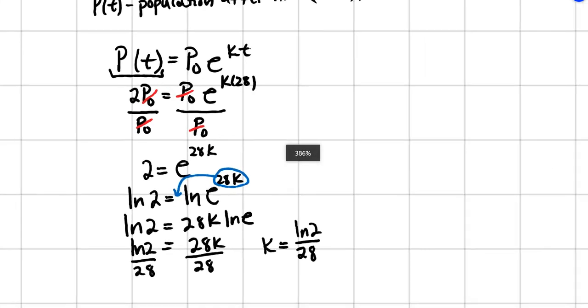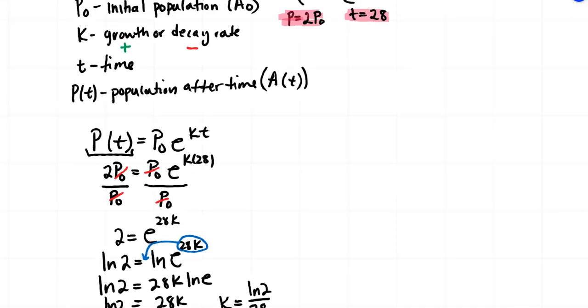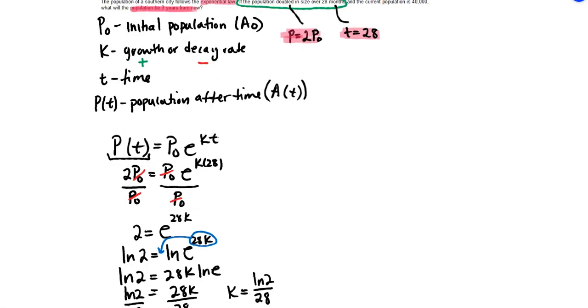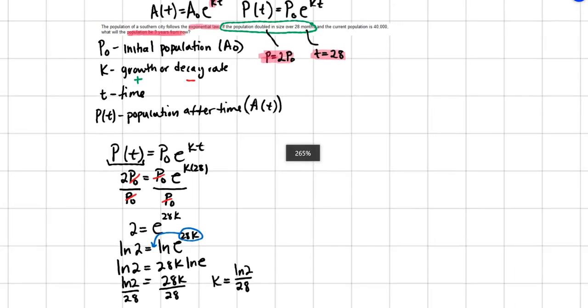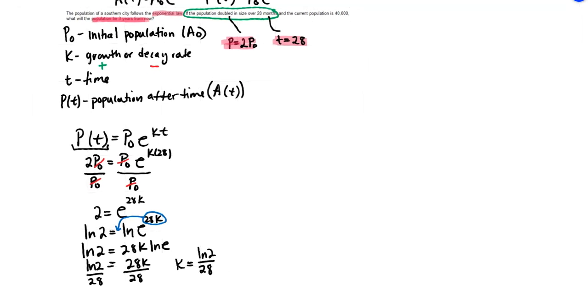So let's go back to the question. And the question says, the current population is 40,000. What will the population be 3 years from now?